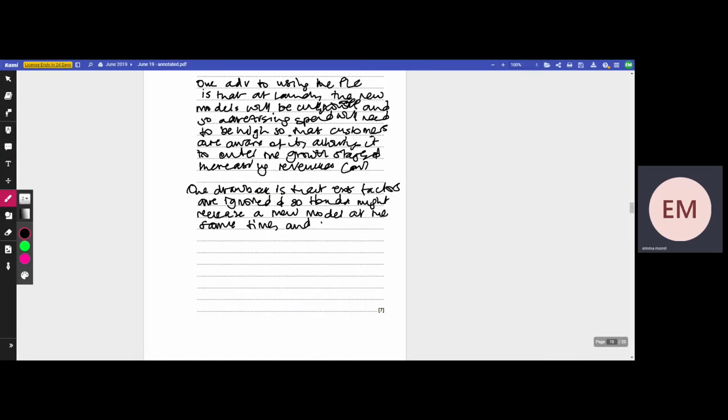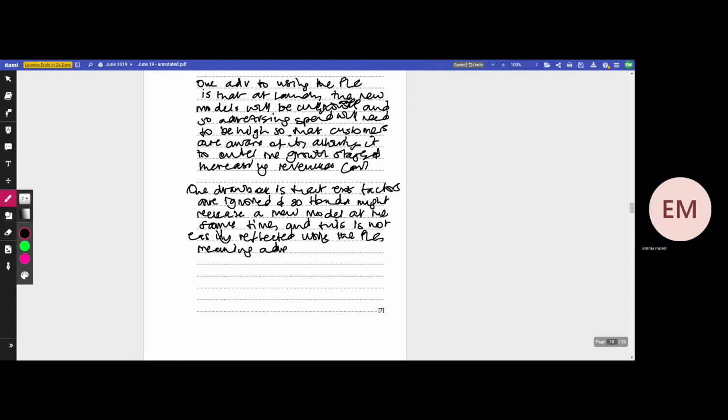And this is not easily reflected or considered using the PLC, product lifecycle, meaning advertising spend may not be as effective. Okay, so again, my advertising spend is going to get me my analysis mark, and I've put a new model at the same time as Honda, so that's going to get me my application. So I've got 4 marks.